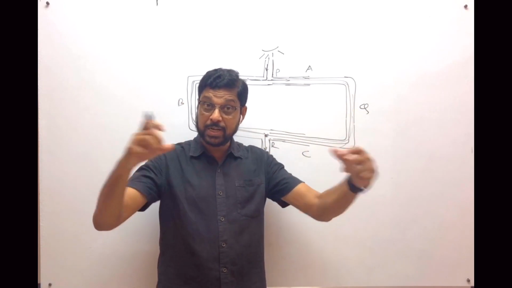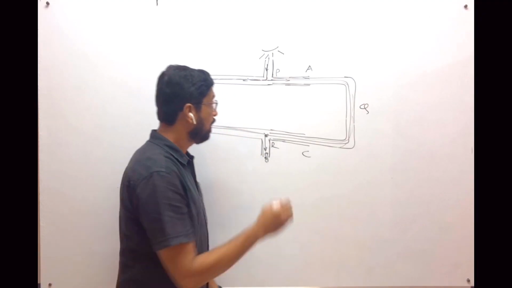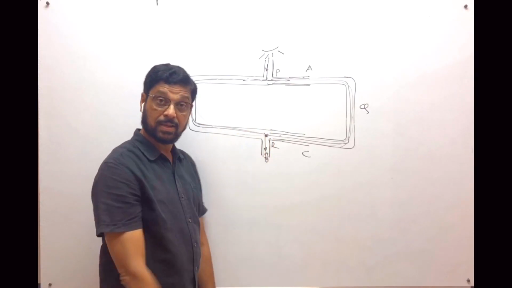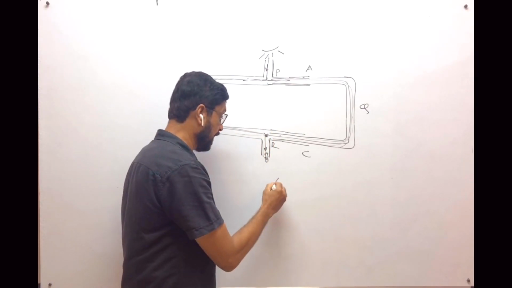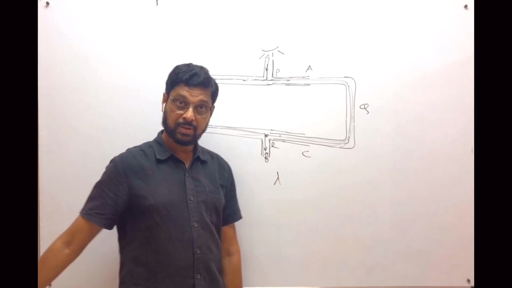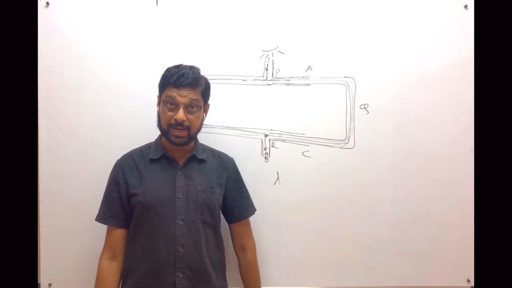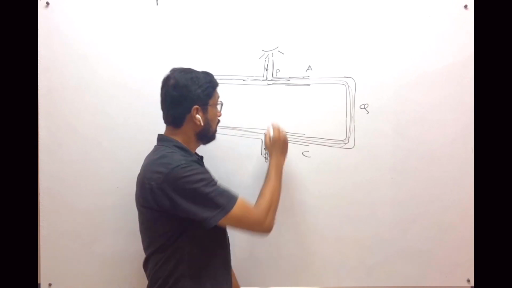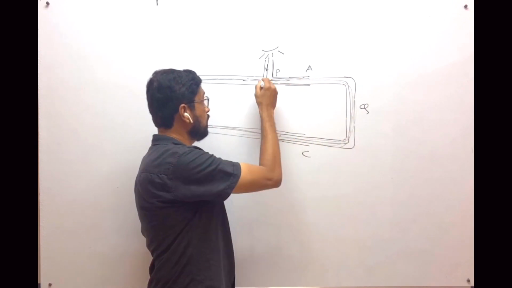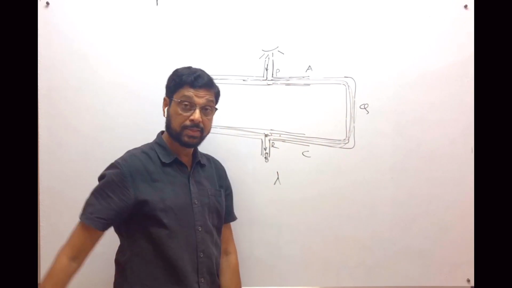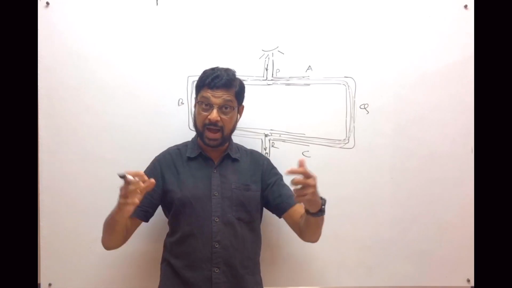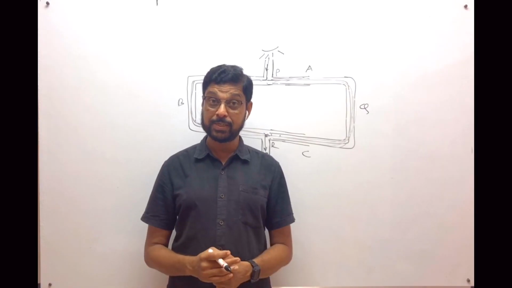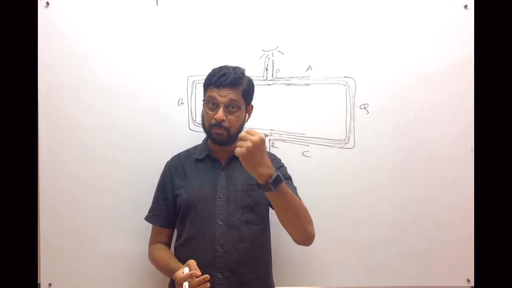At one particular position, ये distance और ये distance, इनके बीच का difference हो जाएगा lambda. The path difference will become lambda. Go on pulling it, at one particular position, the path of this wave and path of this wave will differ by lambda. The path difference will become equal to lambda, means the phase difference will be 2 pi.